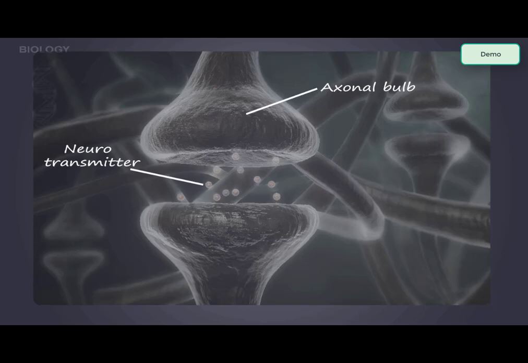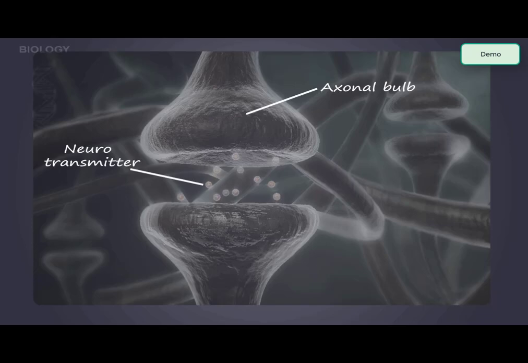Now, the gap between the two, as you can see, there's one synaptic knob there and there's one synaptic knob down. So, between the two, you can see the gap, which is the synaptic cleft. Let's mention inside the synaptic knob.